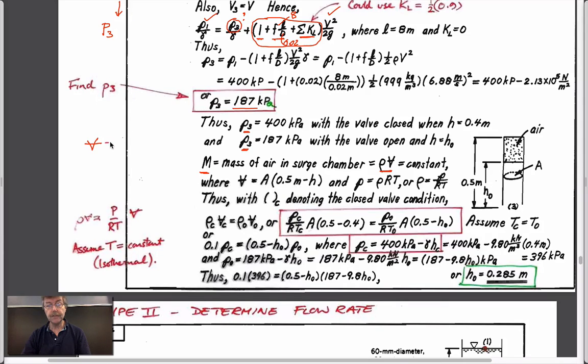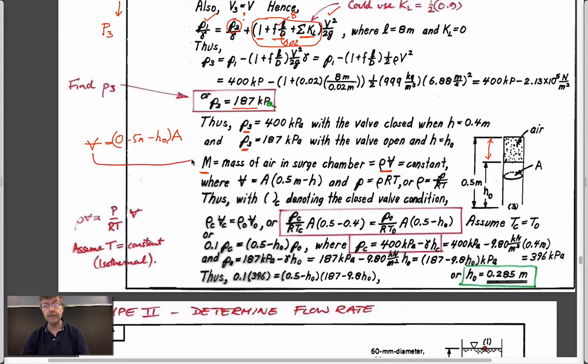Its volume is going to be equal to 0.5 meters minus h0, which is this height here, multiplied by the area of the surge chamber, which has some diameter. It'll be the same in both, perhaps you don't need to calculate it. And the density of the air multiplied by that has to be constant.